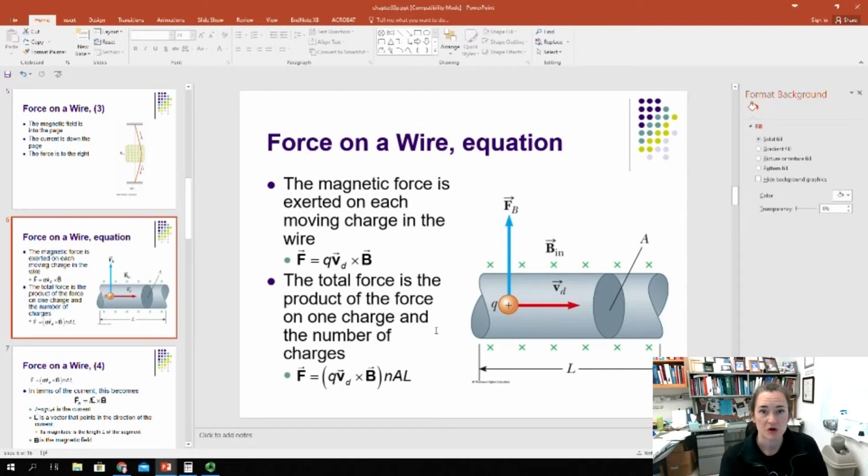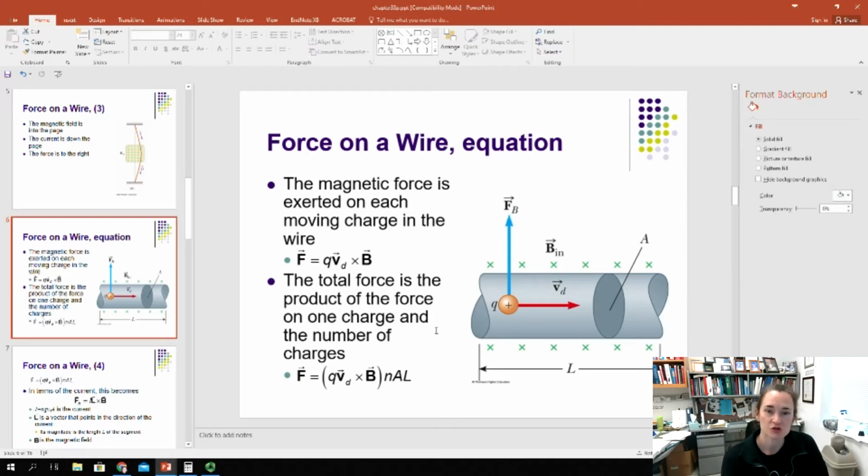Now, remember that you have a bunch of charges. If you have a current, you have not just one, but many, many moles, for example, of charge moving through this wire. So for your total force, you would multiply the force from one charge moving in the wire times the total number of charges moving from that current. We'll call that big N, say, for the total.